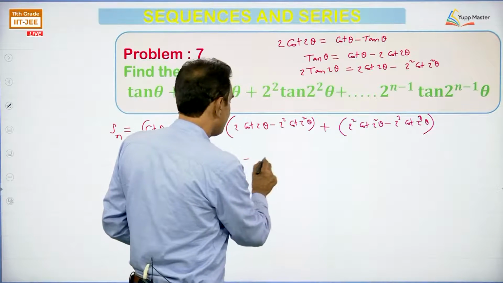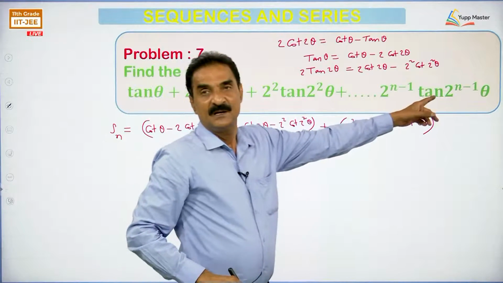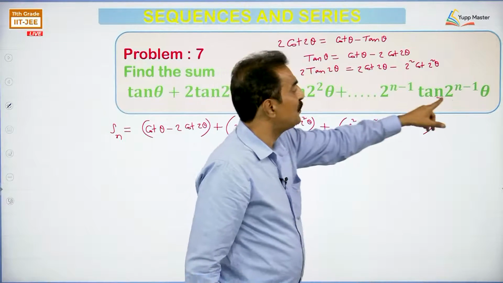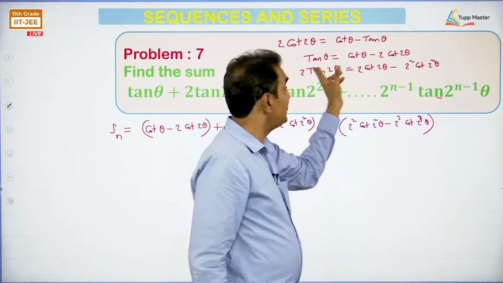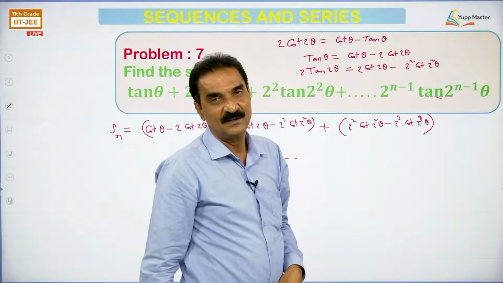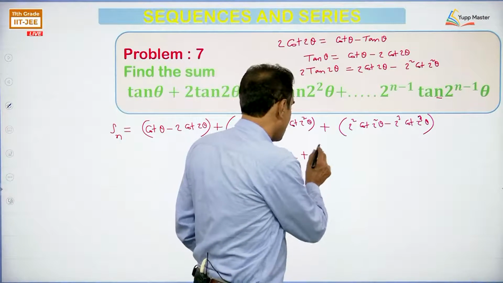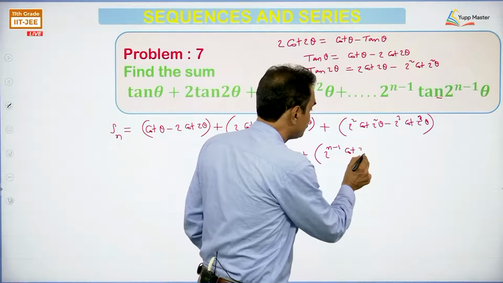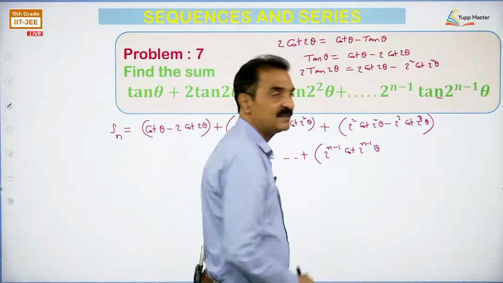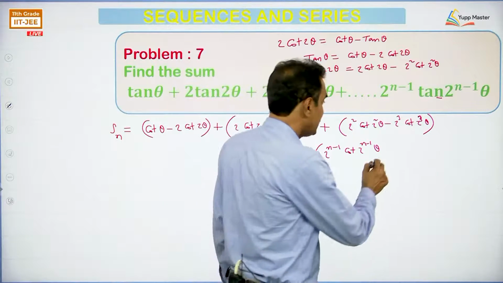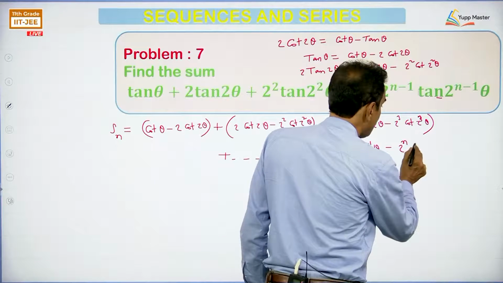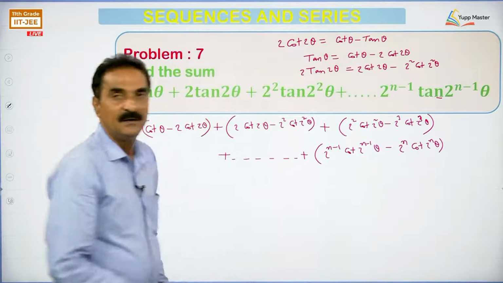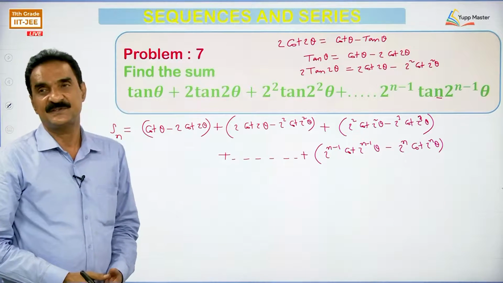and so on. For the last term, in the formula you replace theta by 2 power n minus 1 theta and multiply both sides by 2 power n minus 1. Then you will get the last term as 2 power n minus 1 cot 2 power n minus 1 theta minus 2 power n cot 2 power n theta, which is clearly a telescoping series.